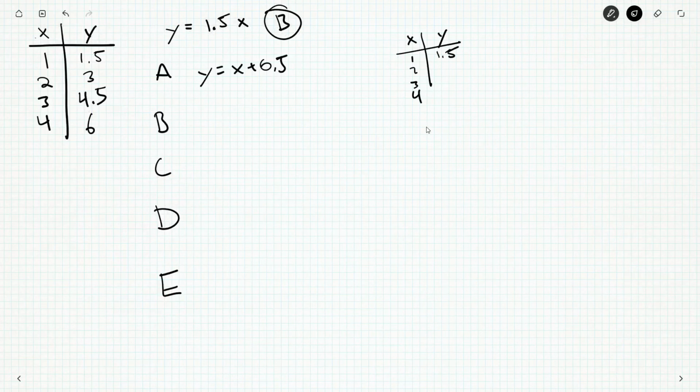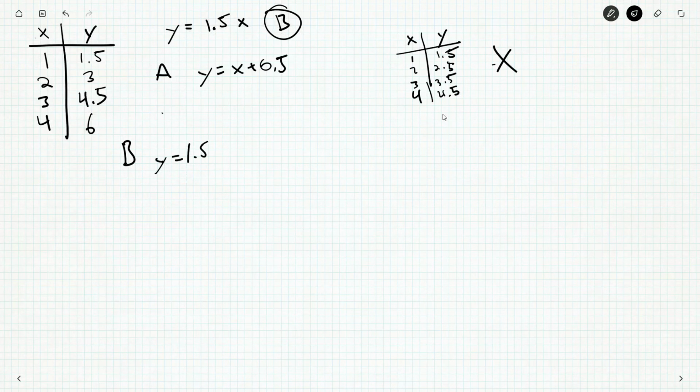But I plug in 2, I get 2.5, and then 3.5, and 4.5. So this is not the one I want. Now I already know B is the one I want. And so if we were doing this method and we were doing it left to right, we would get B as the answer pretty quickly. Now, x, y, 1, 2, 3, 4, and we get 1.5, 3, 4.5, 6.